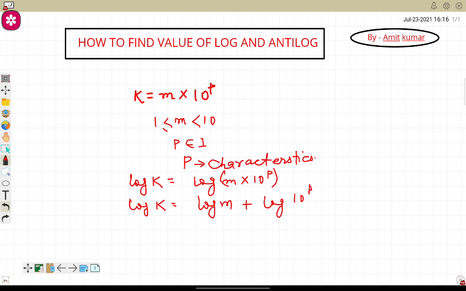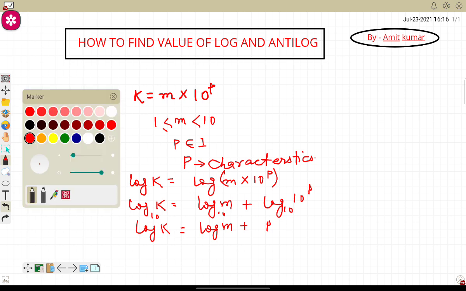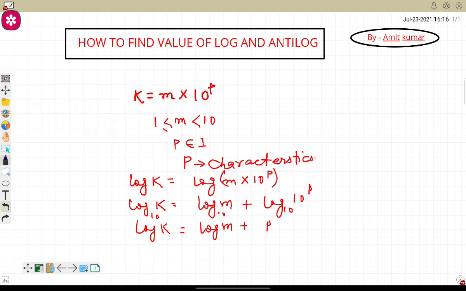In each and every case our base is 10, so we can write this as log m plus p times log 10 base 10, which becomes 1. So if log k is equal to log m plus p is given, then p is called characteristics and log m is called Mantissa. We already discussed this in the first video.